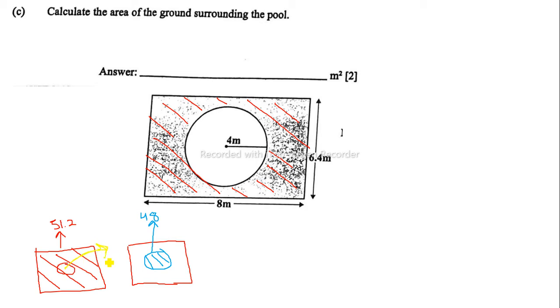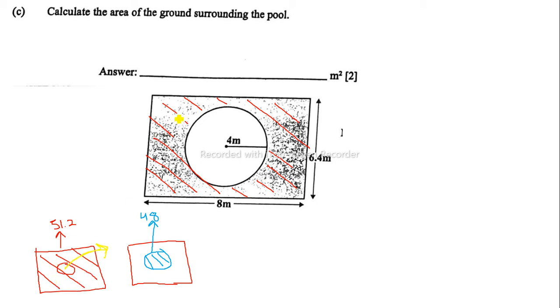And so that's the idea: to remove the area of the circular pool from the area of the total thing, and we'll be left with the area that surrounds the pool.